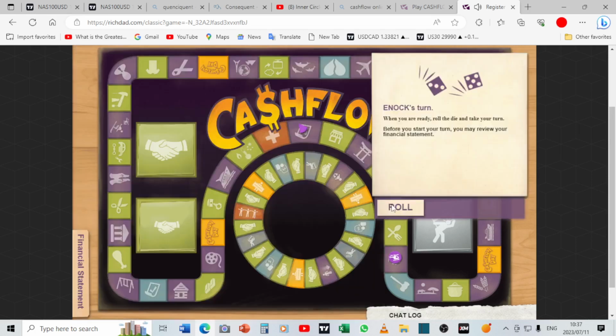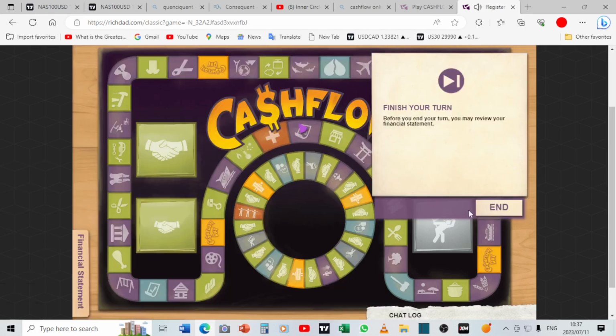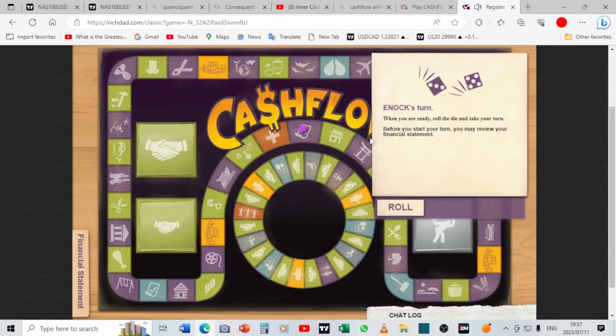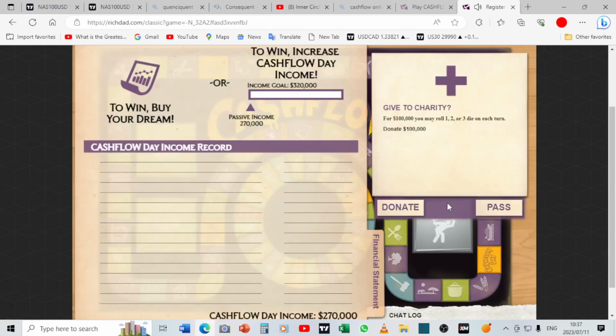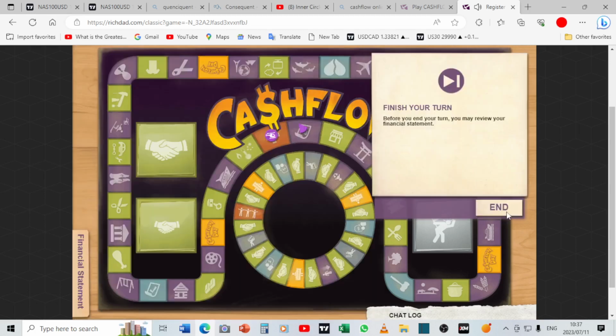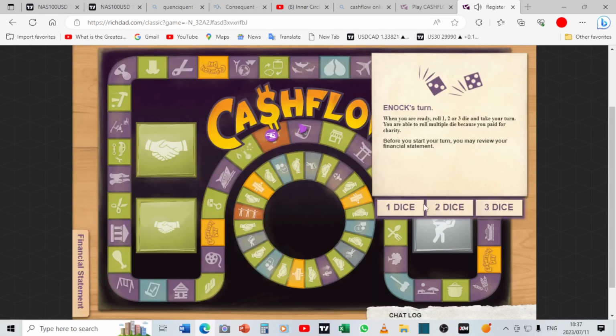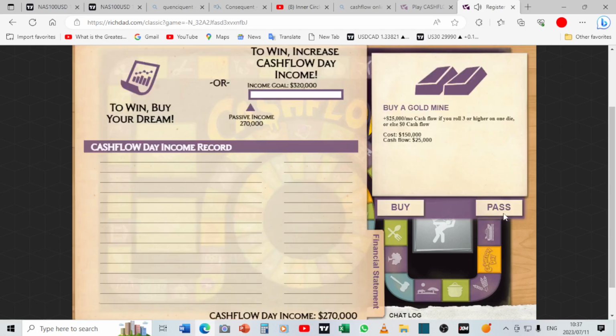Then basically here, you just pay the bills and you are playing. You can buy if you have money. Buy a gold mine.